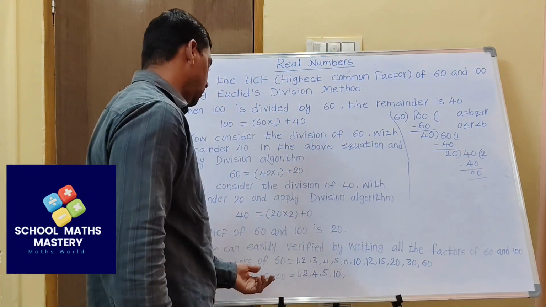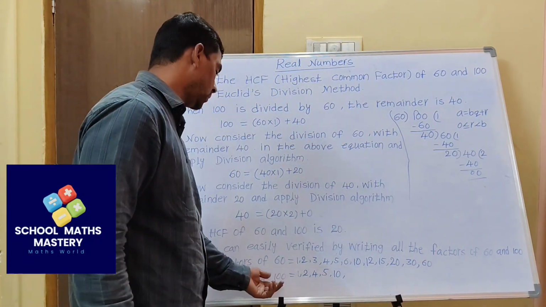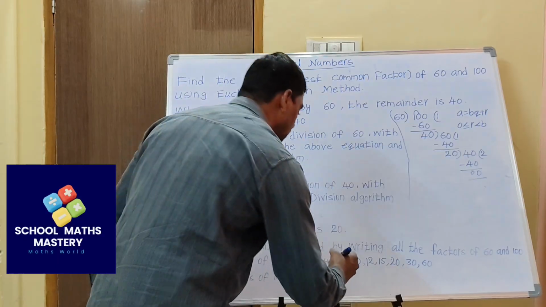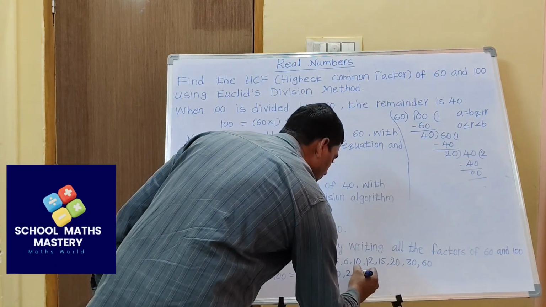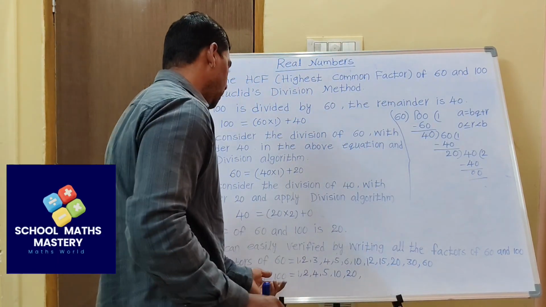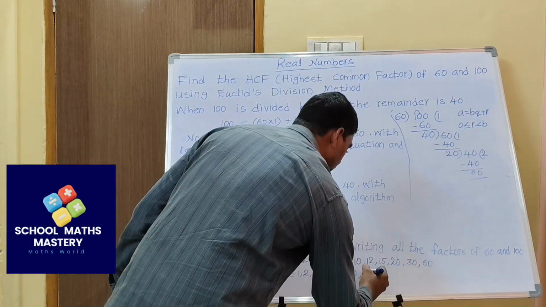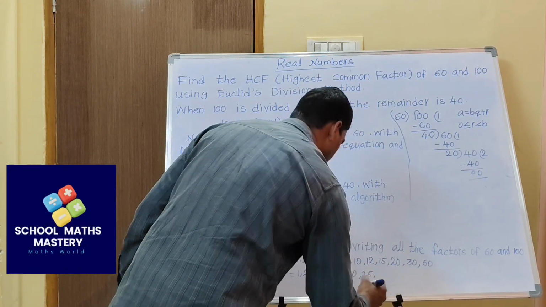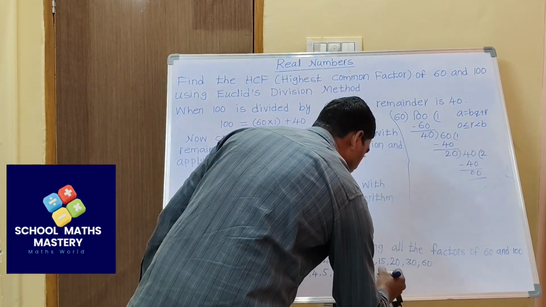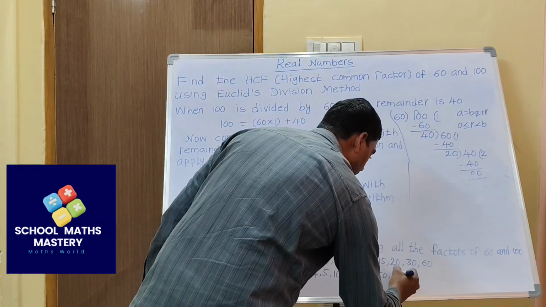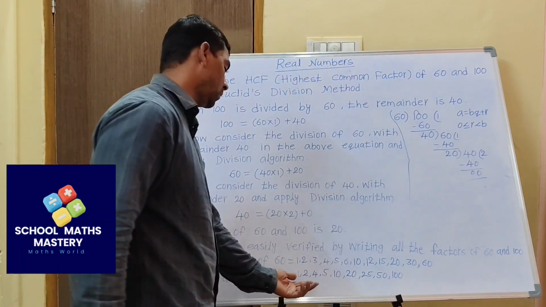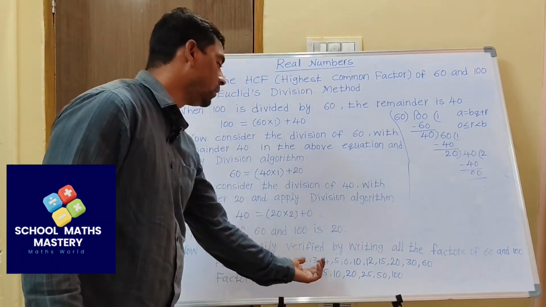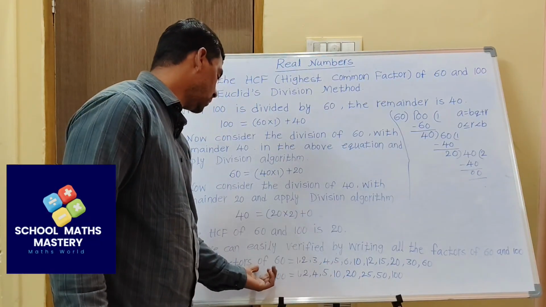Next 11 through 17. Next 20 is a factor. Next 25 is also a factor of 100. Next 50, then 100. These are the factors of 100. These are the factors of 60.